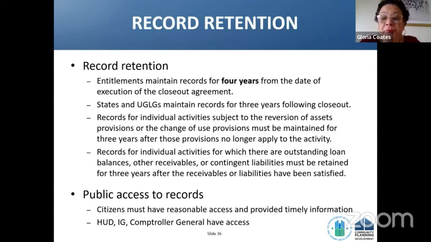In other words, just as citizens can review action plans, comp plans, CAPERs, and so forth, they can request to access your records. The Part 200 requirements also state that not only HUD, but the IG and Comptroller General must also have access to your records. Next slide, please.